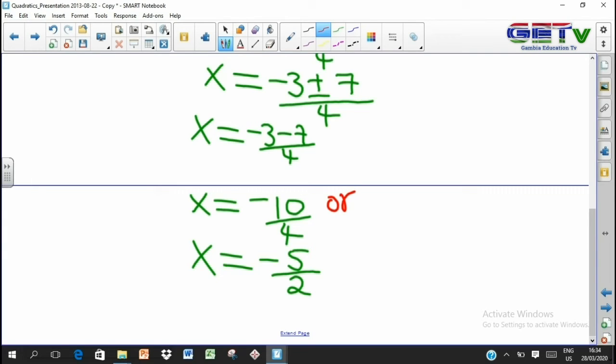Or, from this point here, we can write x equals negative 3 plus 7 all over 4. We did it for the subtraction sign. We must do the same for the addition. x will be equal to, what is negative 3 plus 7?